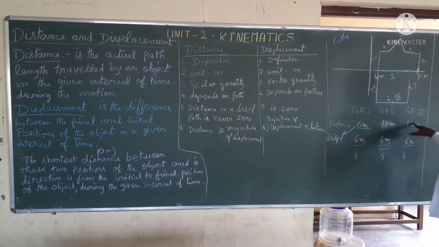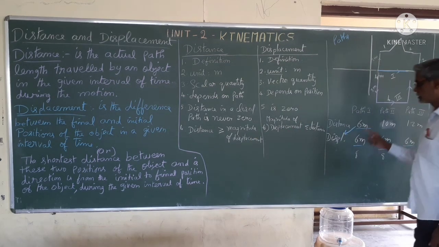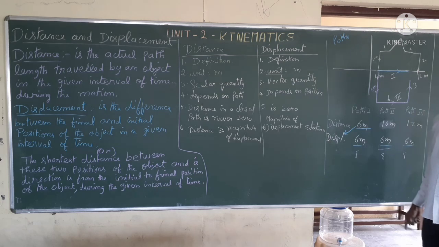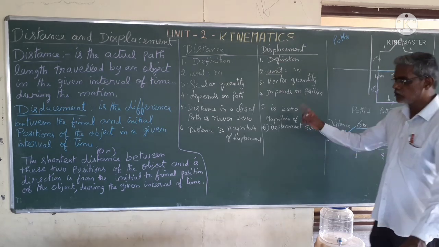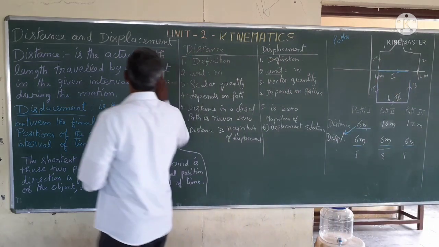Displacement. Distance is greater than displacement. Here displacement is equal to distance, or displacement is less than the distance. Clear? Now we go to the fifth point.